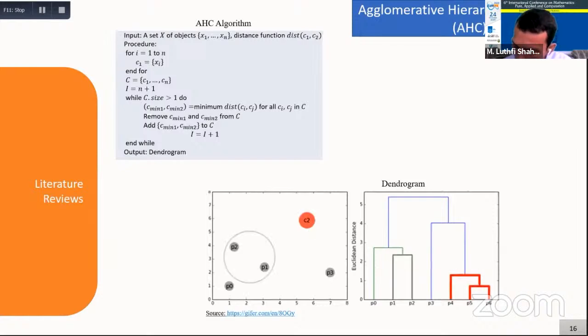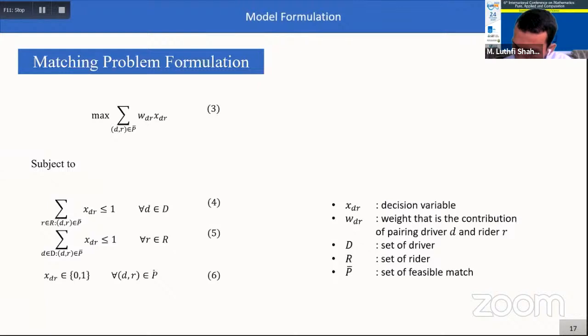Next, we have the matching problem model. Equation 3 represents the objective function of the matching problem, which maximizes the sum of weights. XDR is a variable which equals 1 if the match is an optimum match and 0 otherwise. WDR denotes the weight, that is the contribution of pairing driver D and rider R. Equation 4 ensures each rider pairs with only one optimal driver.